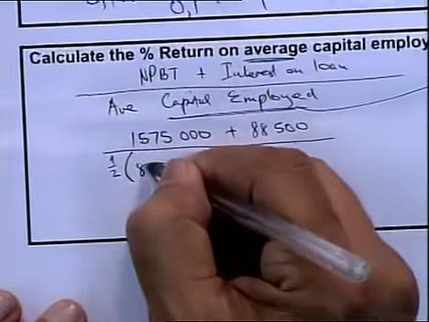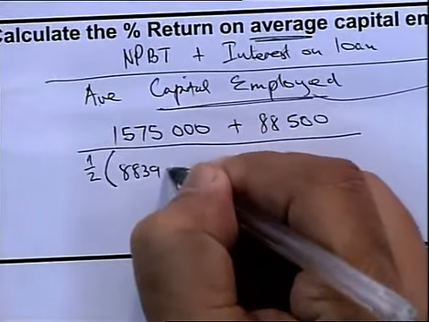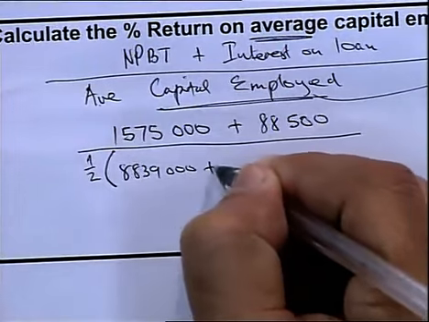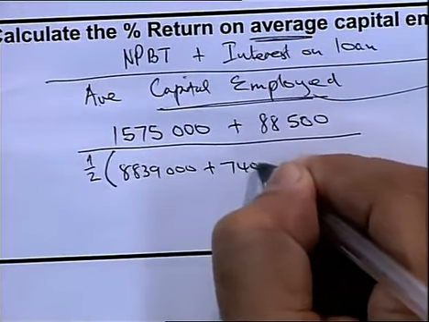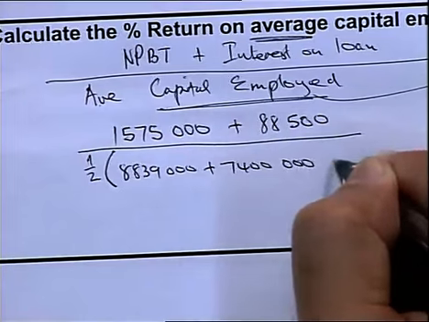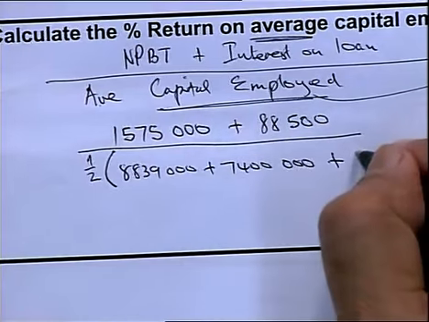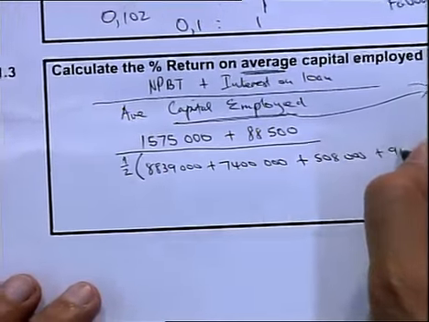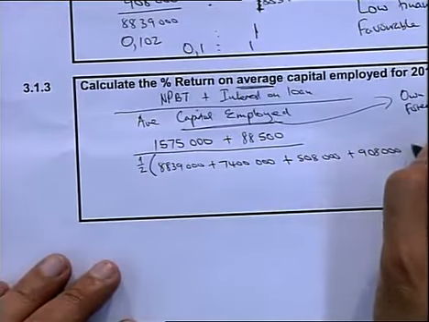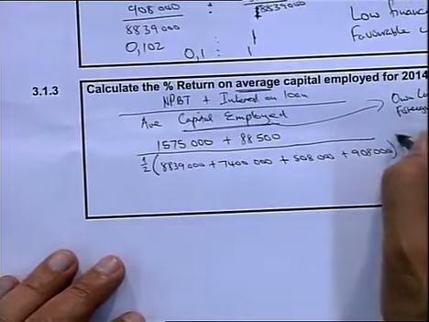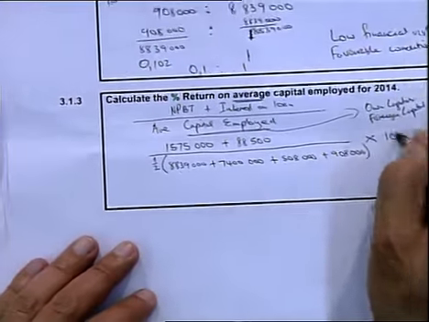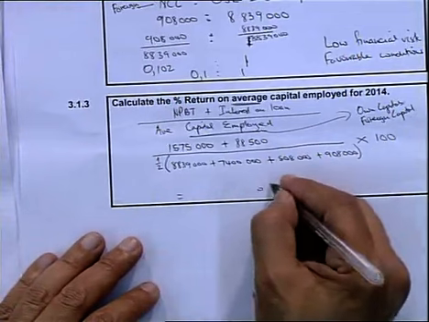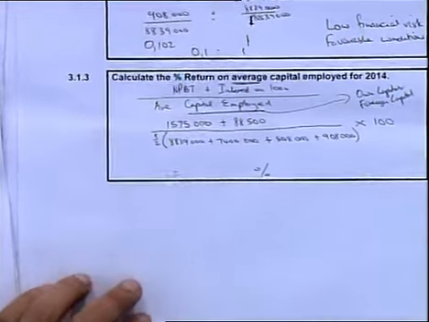So it's going to be 8,839,000 plus 7,400,000 plus 508,000 plus 908,000. You close the bracket and you multiply with 100 because you want the answer to be in percent.